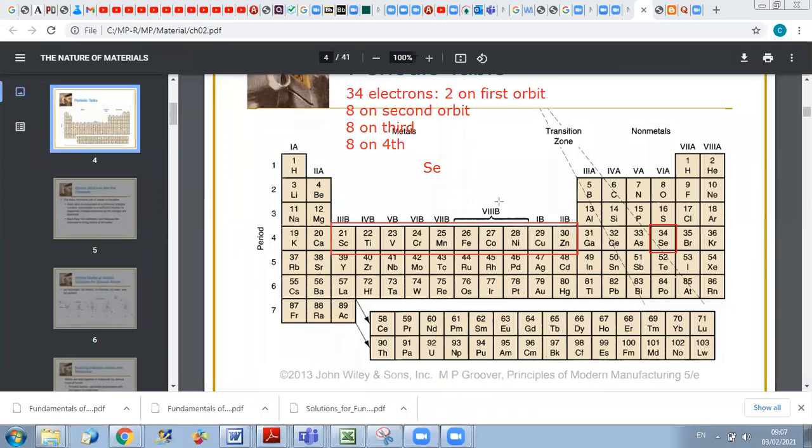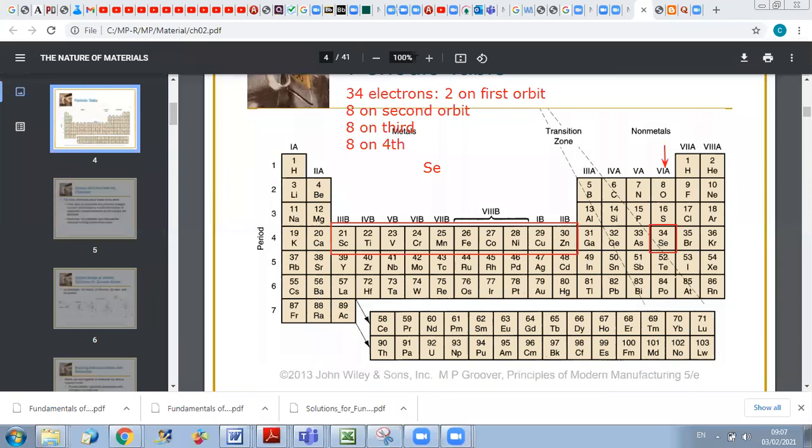So what I want from you is that you should know how to draw the planetary model for these parts above, when you don't have group B, okay? While if you have it in the lines after line 4, if you have a group B, just look at the number of electrons on the outer orbit from the group. So since it's group 6A, it will have 6 electrons on the outer orbit, okay?